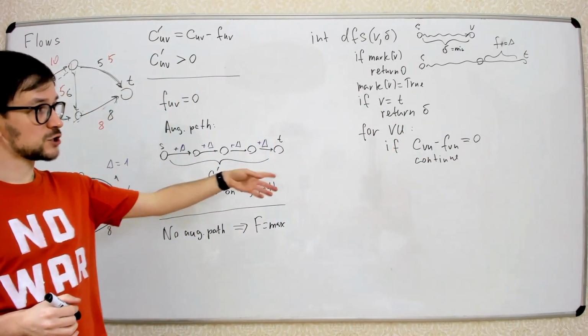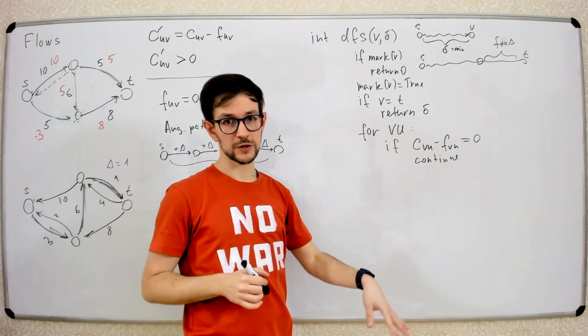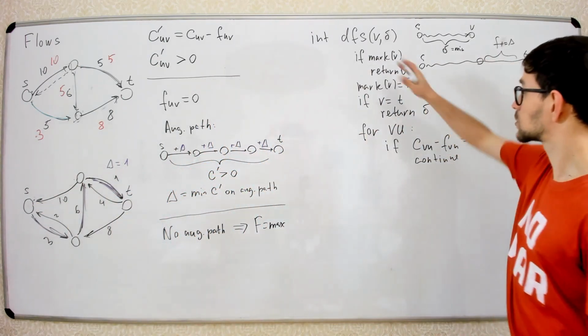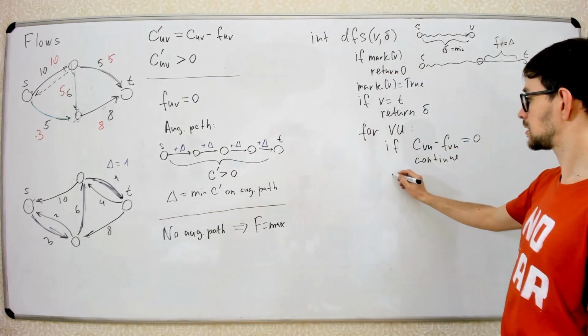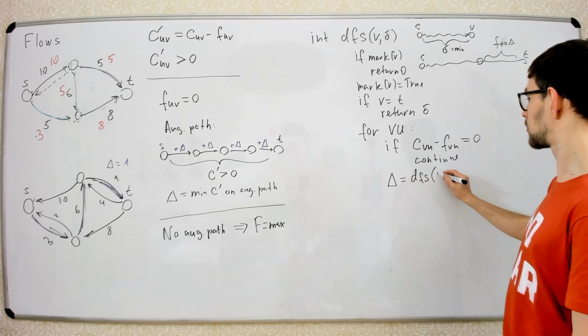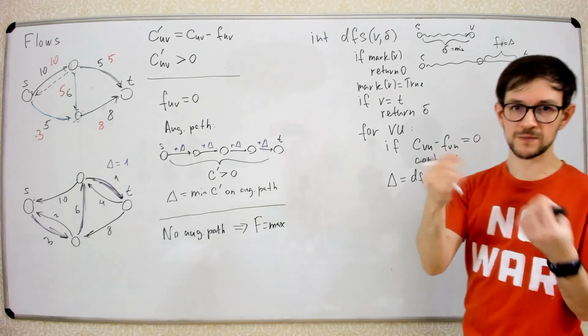So now I have an edge from V to U with positive residual capacity. Let's call DFS from this node. So let's say delta equals DFS from this U, and I need to update my minimum.